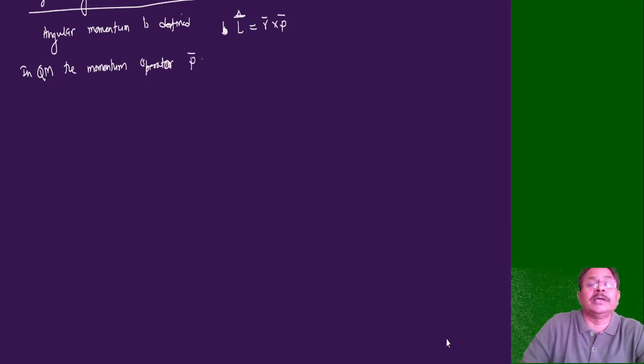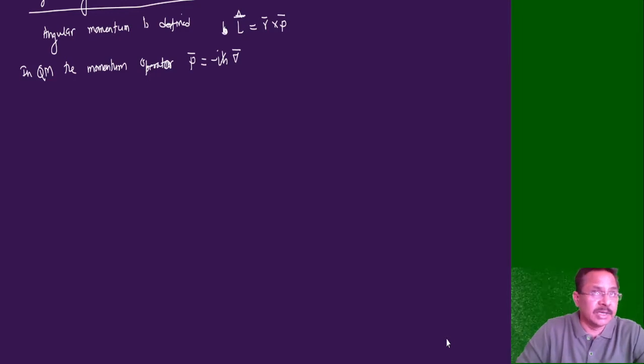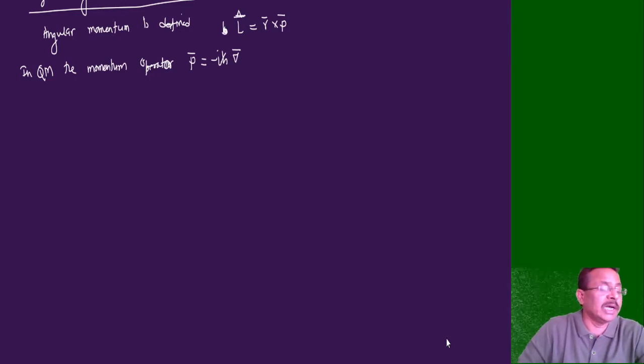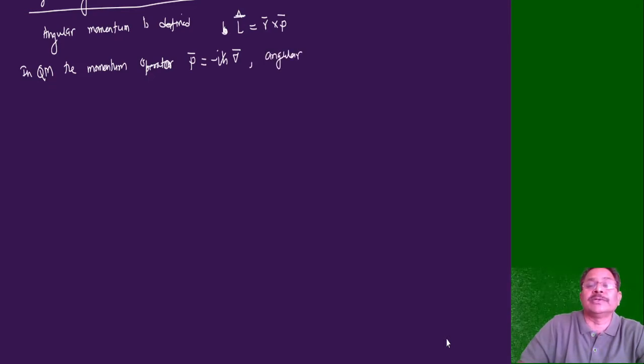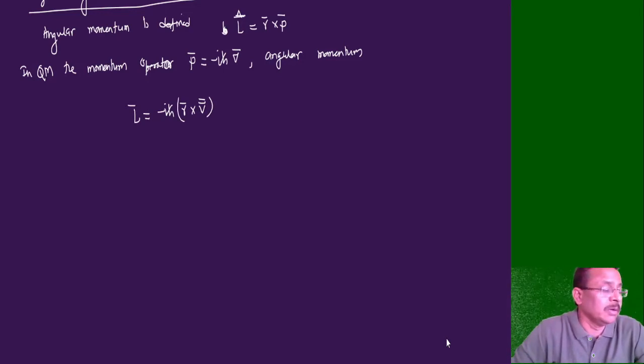The momentum operator P bar is given by minus i h cross multiplied by del bar. This is a vector operator. Therefore angular momentum L bar can be written as minus i h cross into R bar cross del bar. This is again a cross product.